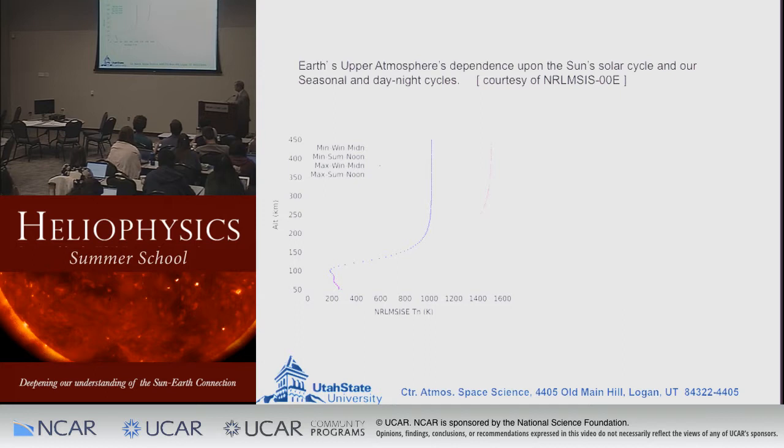There's a minimum in the mesosphere, and then it increases depending on the solar cycle conditions. So there you have how the atmosphere is driven by the solar cycle, the changes in the EUV flux. And you can see this dynamic range of almost a factor of 3. But lower down, there is no effect.